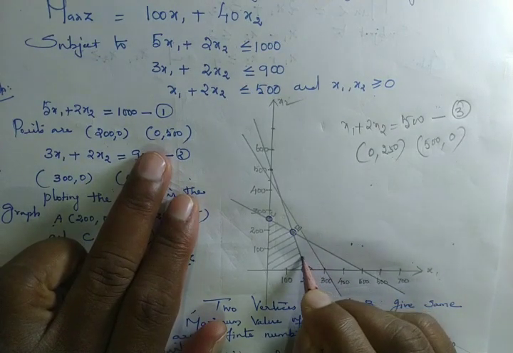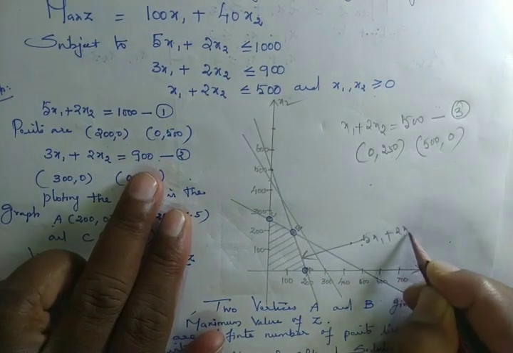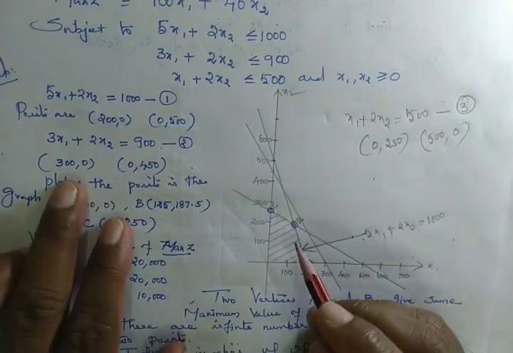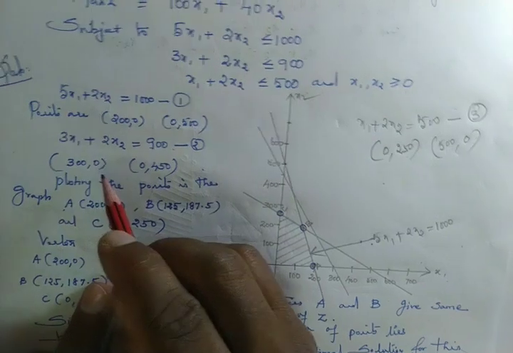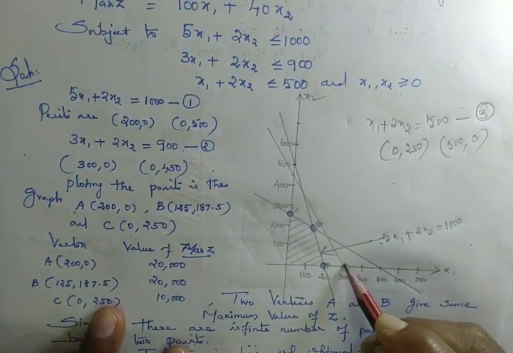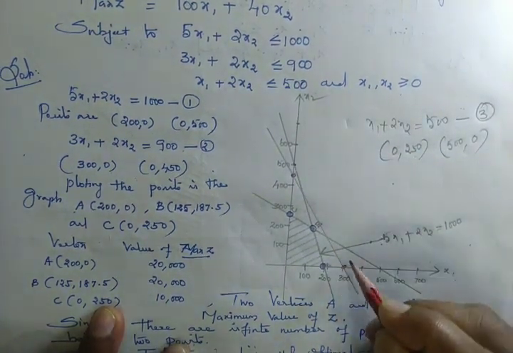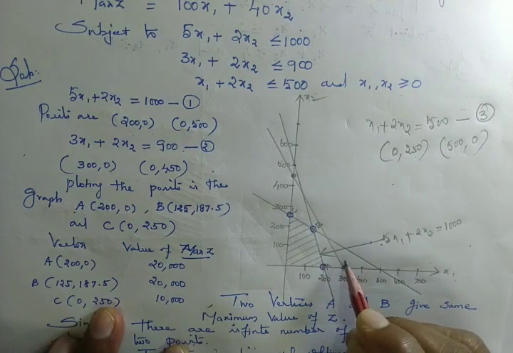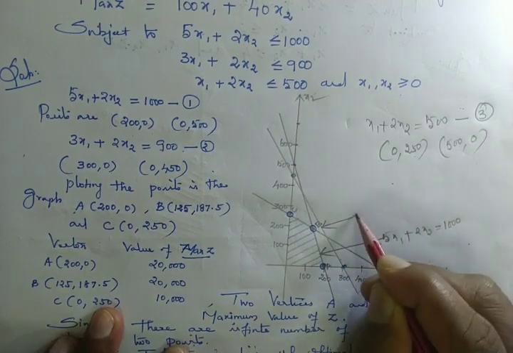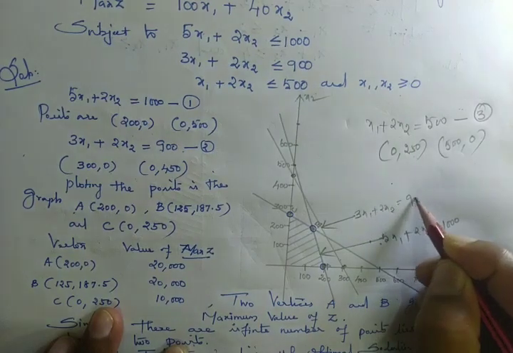This is the line 5x1 plus 2x2 equal to 1000. Joining the points 300 comma 0 and 0 comma 450, you get this line equation of 3x1 plus 2x2 equal to 900.